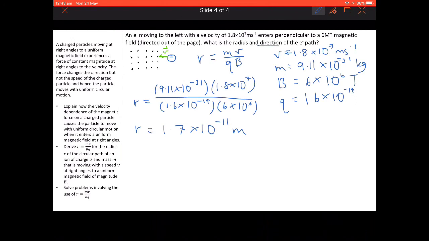But because it's a negative charge, we'll take the direction of the force to come out of the back of our hand, so it will be towards us. So if this force is acting on the velocity, we can imagine that the particle's motion will start to move in an anti-clockwise direction. So this circular motion will be anti-clockwise.